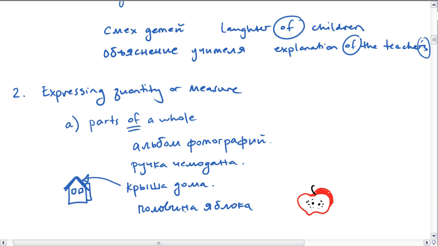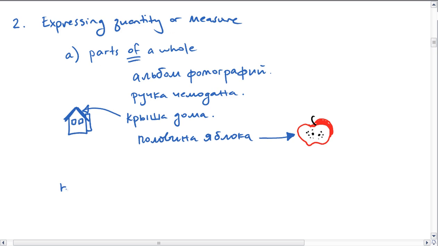Яблока, half of an apple. So anytime you're expressing parts of a whole, you're going to use the genitive case. Also, if you're talking about an amount of something, you'll use the genitive case.